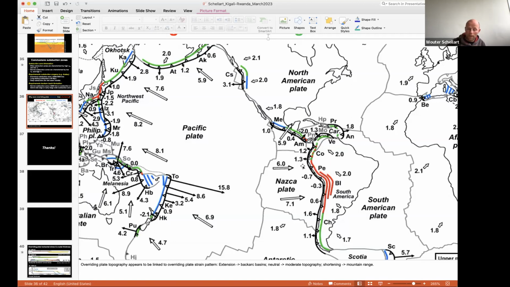That might have been the reason why the North American Cordillera that formed here up until about 50 Ma stopped forming, and the regime changed from shortening in the Laramide and Sevier orogeny to basin and range type deformation, with extension in North America since the Middle Eocene or so.